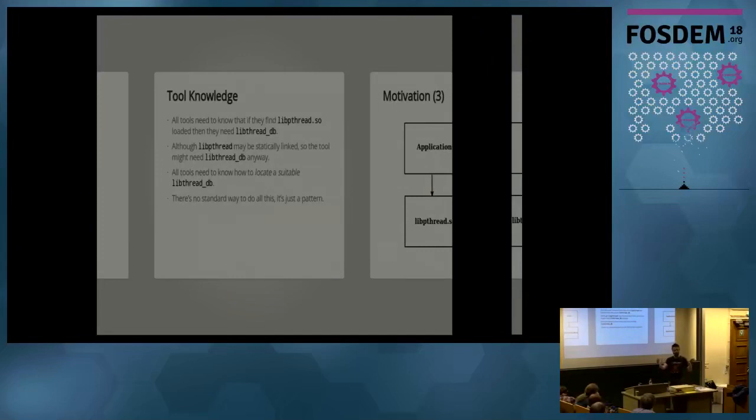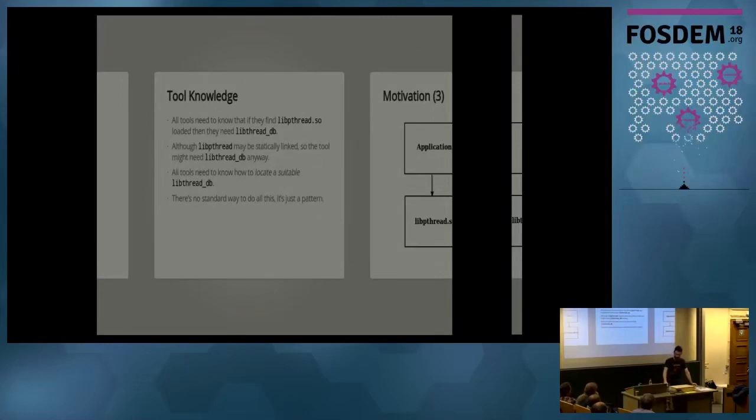The thread debugging library is looking at internal structures in the threading library, so they have to make sure they're for the same versions and the same compiler. All these issues are currently handled. The thread debug library works, and it has for however many years it's existed, for most situations.